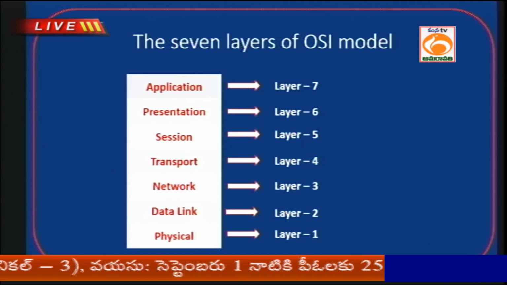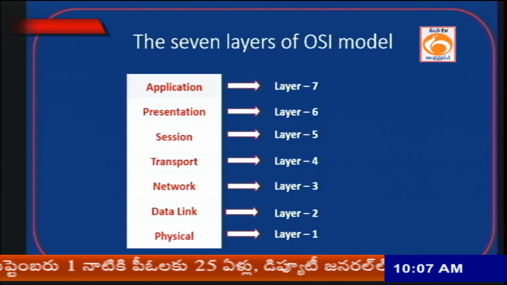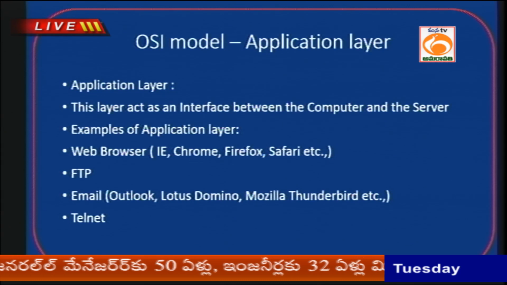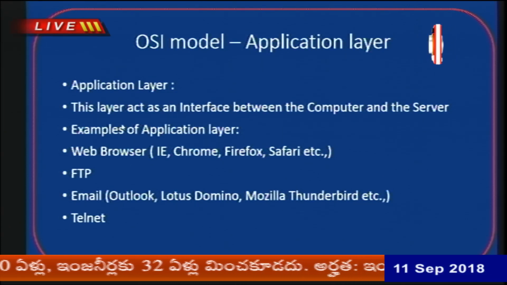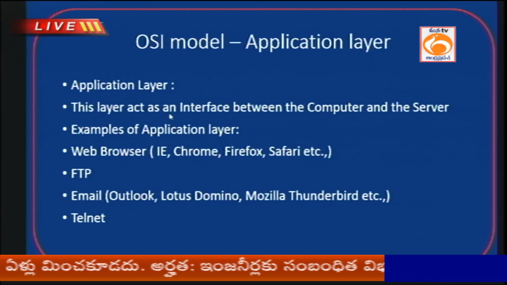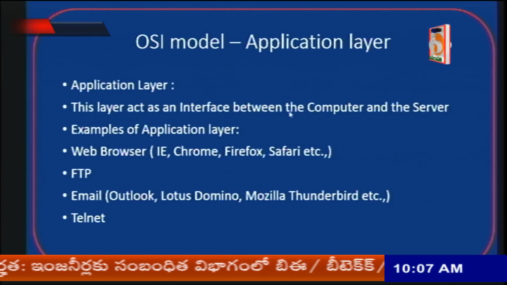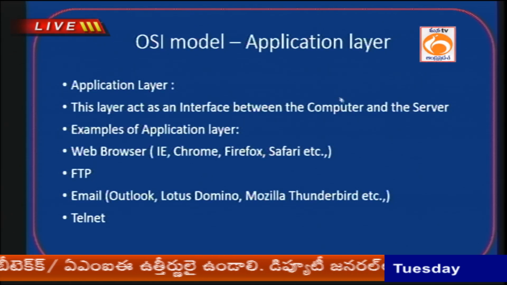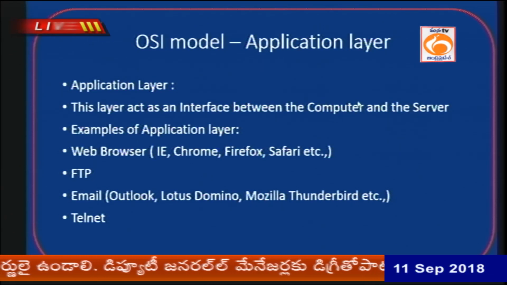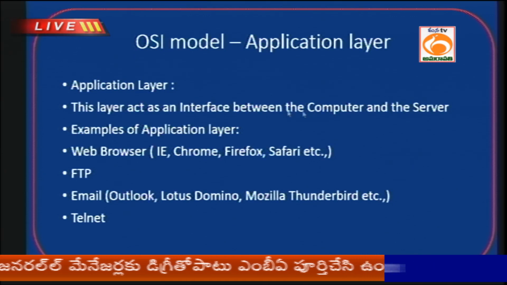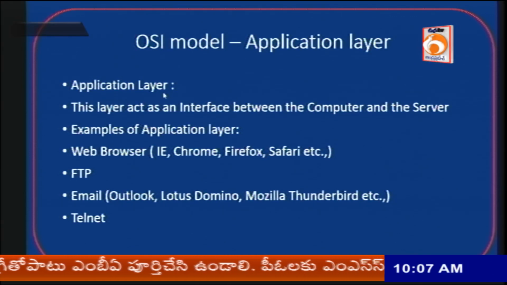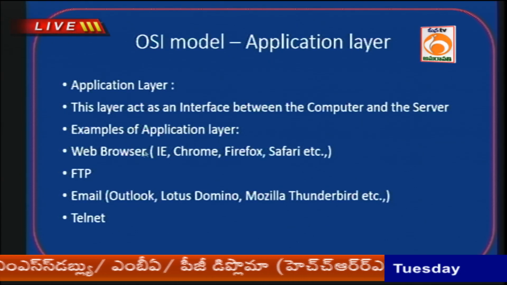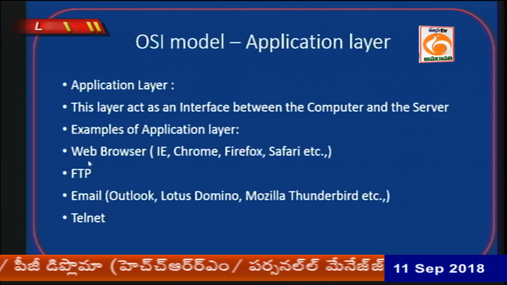The first discussion is about the application layer. What does the application layer do? This layer acts as an interface between the computer and the server. Users who use a computer to access the resources available on the server have to use the application layer. What do we mean by an application? An example is the web browser.